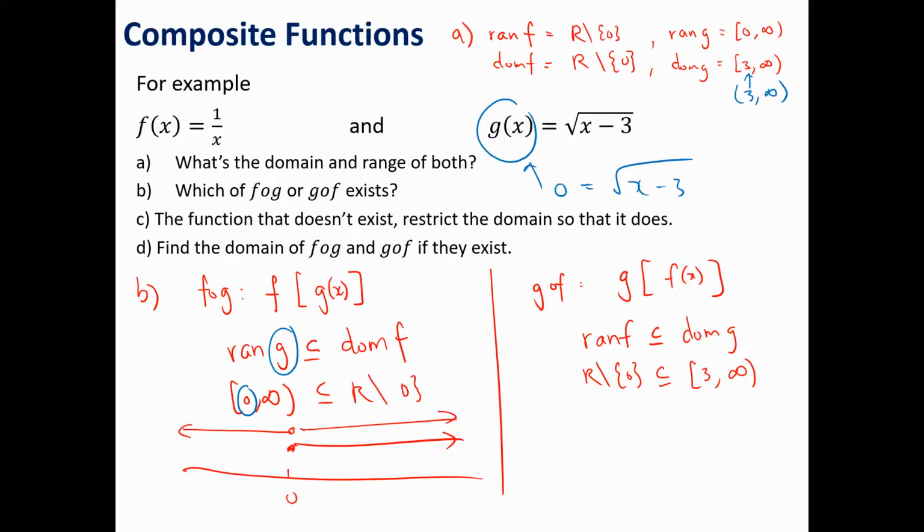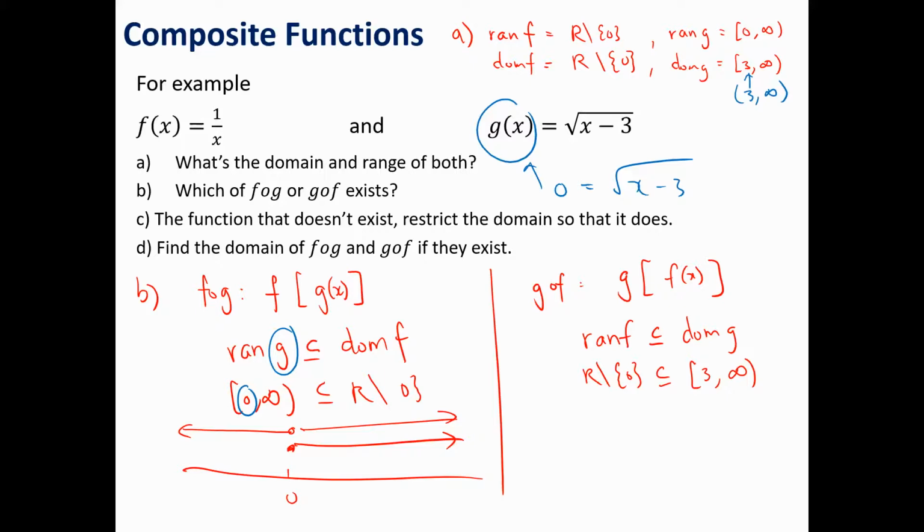Restrict the domain so that it does work. That's what I've done. The new domain for g, if it was not including 3, so that means in your number line this was an open circle, that would change things. If that's an open circle, then I now have not including 0, and that's a subset. Okay. And if you were to do g of f, what's the issue?